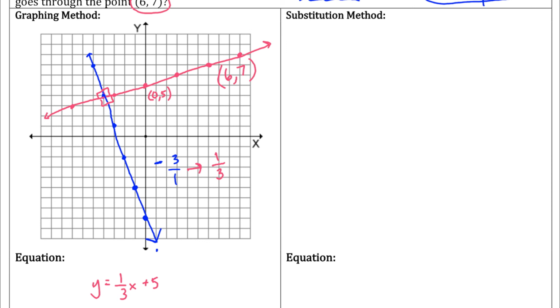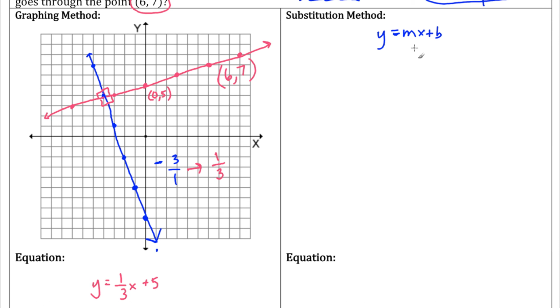Now let's go ahead and pretend that we don't have this and see what we would do. So y equals mx plus b is what we're going for. And we need to use 6, 7.